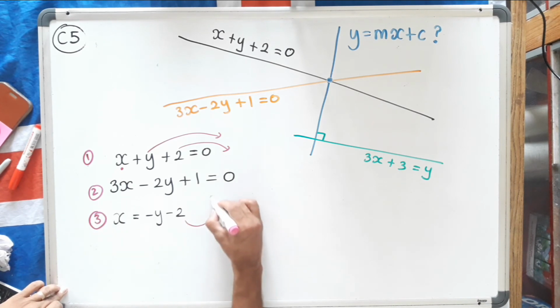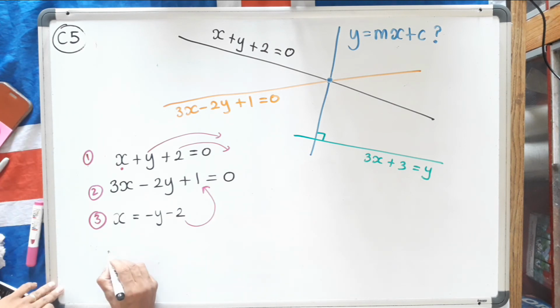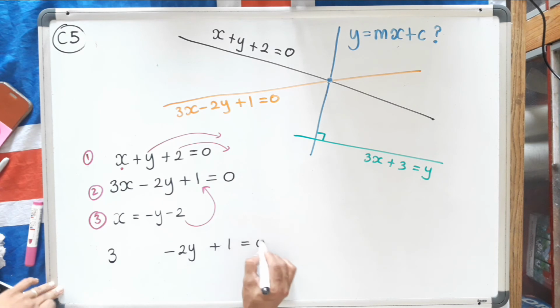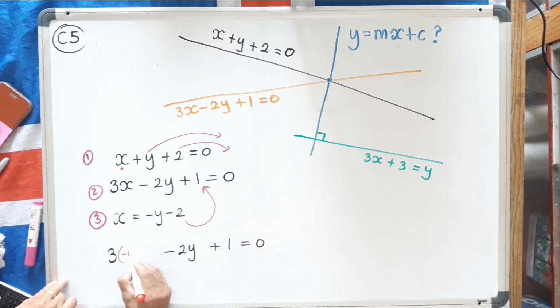I'm going to substitute this into equation 2. So let me use red. Equation 3, I'm just going to leave some space here and put that in after. 2y plus 1 is equal to 0. Remember, I'm replacing this x here with minus y minus 2, and I'm going to put it in brackets.